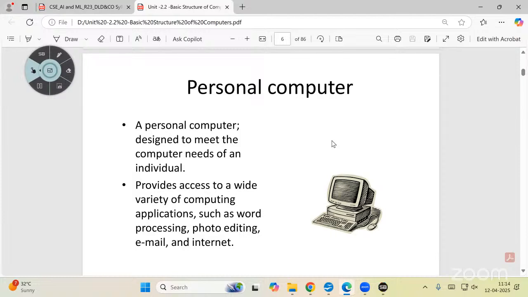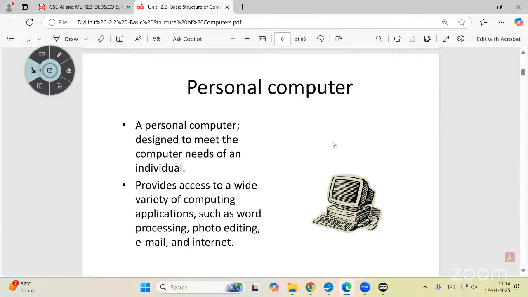The personal computer has a separate monitor, separate input device, separate output. Output is the monitor only, and the central processing unit, CPU, and keyboard also separate, and mouse also separate. Okay, and the power supply board also separate.